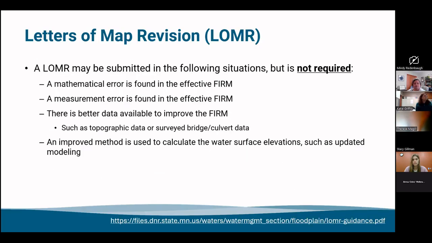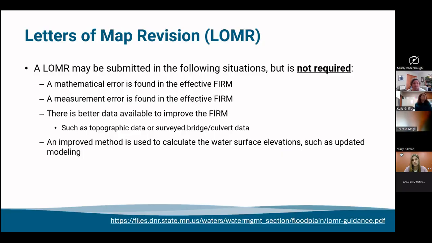There are some situations where you can get a LOMR, but it's not technically required. So if there are any mathematical or measurement errors found on the effective FIRM panels, you can pursue a letter of map revision.